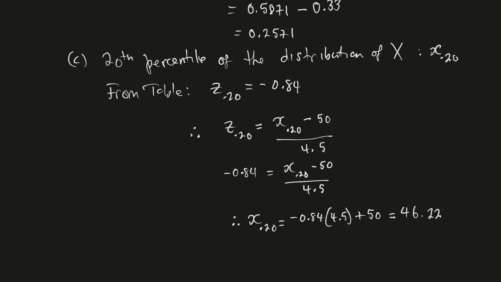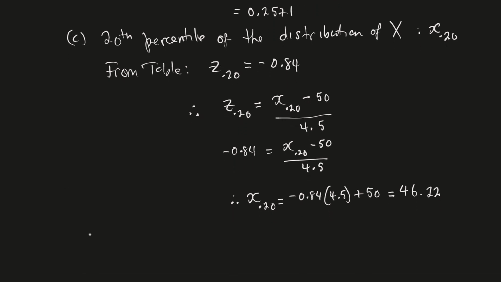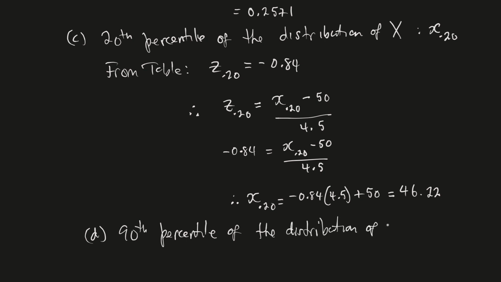Let's do one more example of a percentile. So let's say part D, let's say we want to find the 90th percentile. So what is the 90th percentile of the distribution of x?